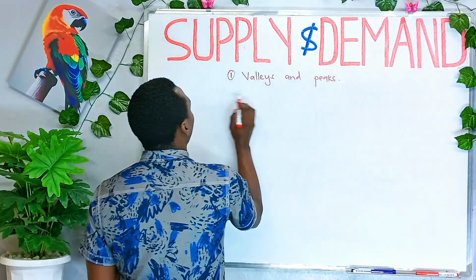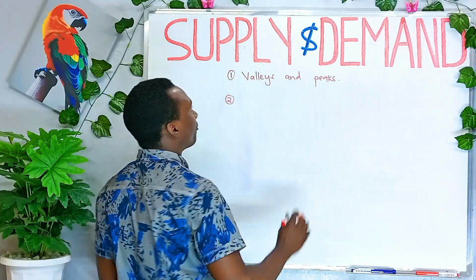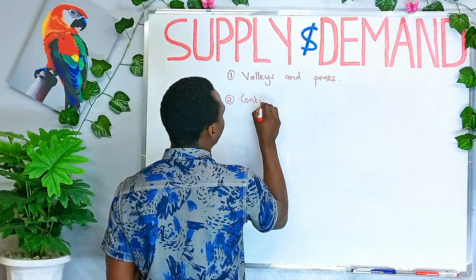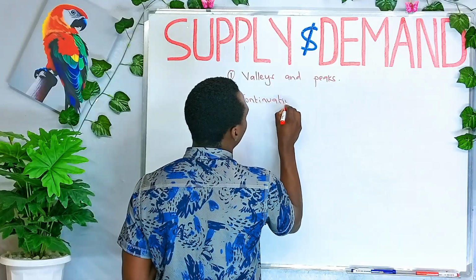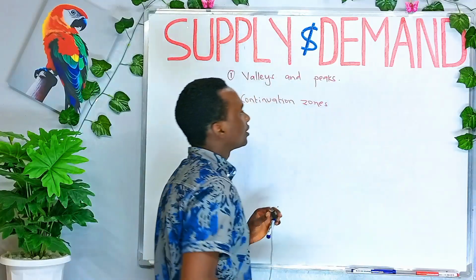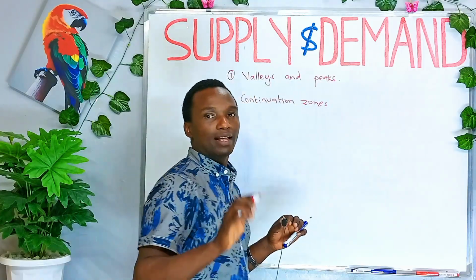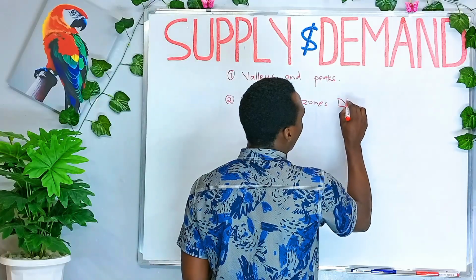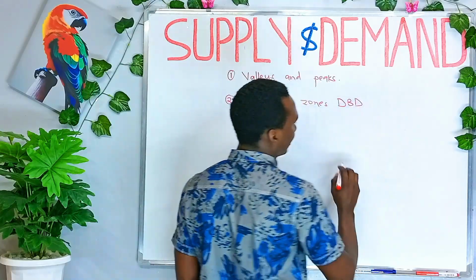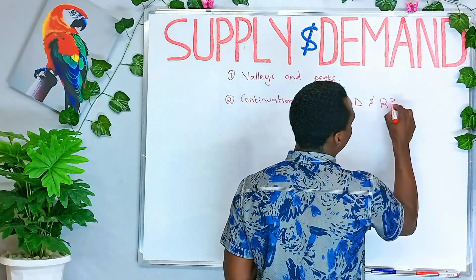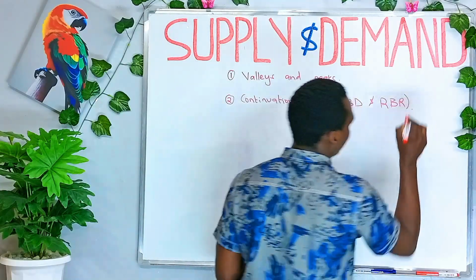Okay, and the second type of supply and demand zone are called continuation zones. Continuation zones, they are like what we had already looked at. They form drop base drop patterns and rally base rally patterns.